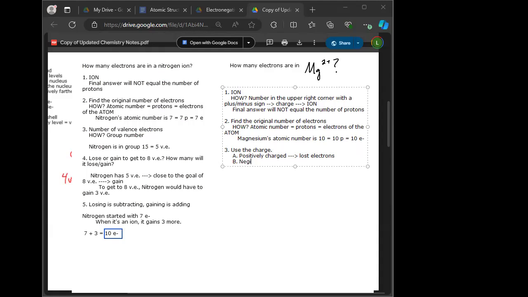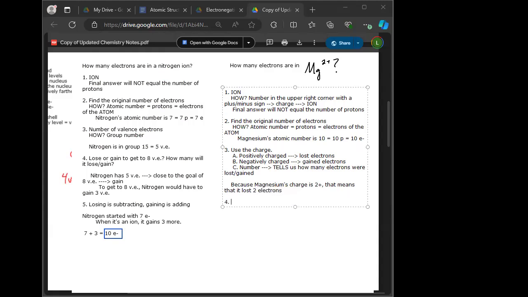If it's negatively charged, then that means it gained electrons. And the number in the charge tells us how many electrons were lost or gained. So because magnesium's charge is 2 plus, it lost 2 electrons. And again, losing is subtracting, gaining is adding.